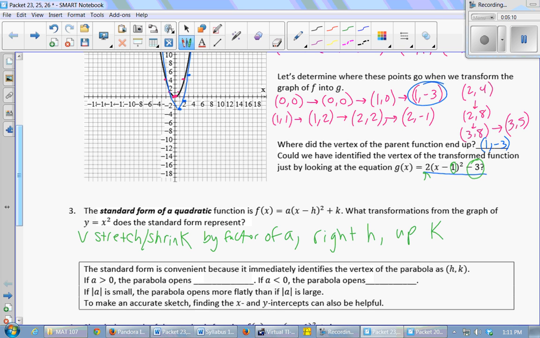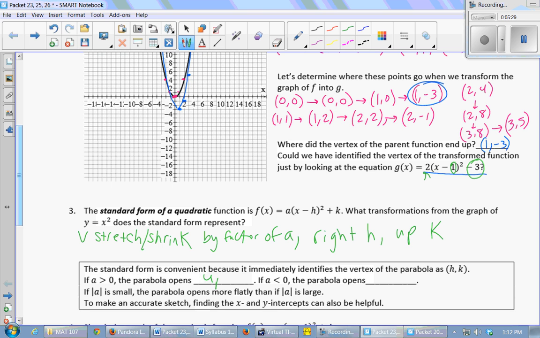And how does it affect the graph of the parabola if a is positive versus negative? The direction. Yeah, when a is positive, it'll open up, just like x squared does.